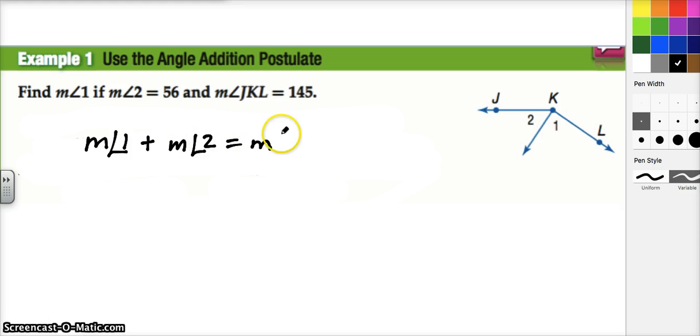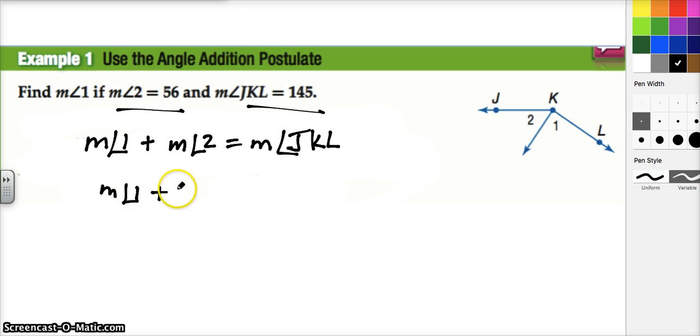Now that I've got this established as a fact, this is the Angle Addition Postulate. The next thing I'm going to do is some substitution. I'm given this value and I'm given this value. So now I've got that the measure of angle 1 plus 56 degrees is equal to 145 degrees, and that would be by the Substitution Property of Equality.